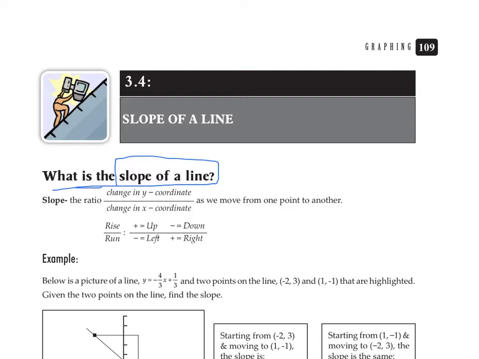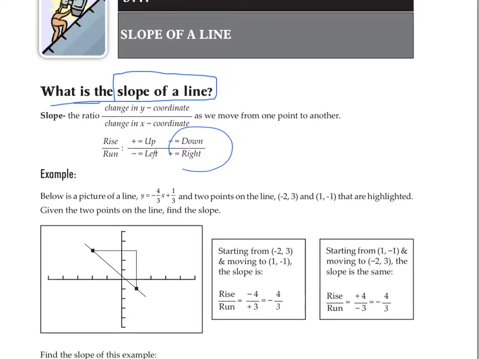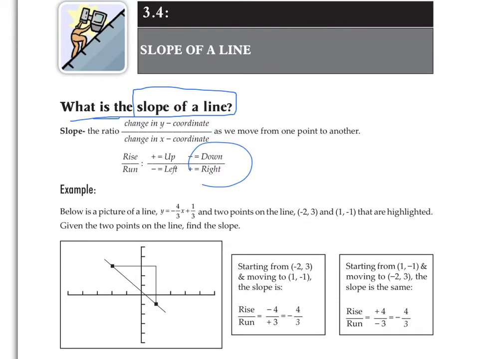It's a ratio. We see this ratio a lot of times as a fraction, usually not as a decimal, but in some applications a decimal is good. The fraction indicates rise over run, or the change in the vertical over the change in the horizontal.